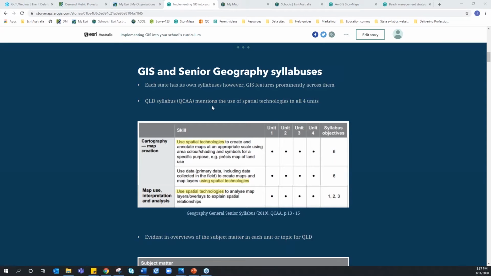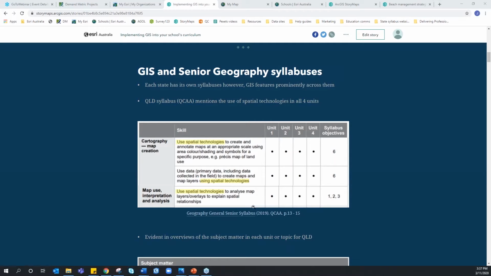So if we look at a little excerpt from the QCAA, this is what they have to say about using geospatial technologies. Students will use spatial technologies to create and annotate maps at an appropriate scale using area, color, shading, symbols for a specific purpose. Students will use data, so primary data, including data collected from the field, to create maps and map layers using spatial technologies.